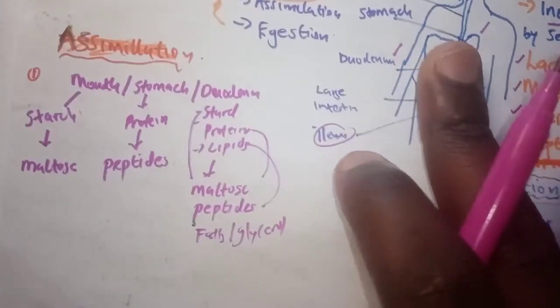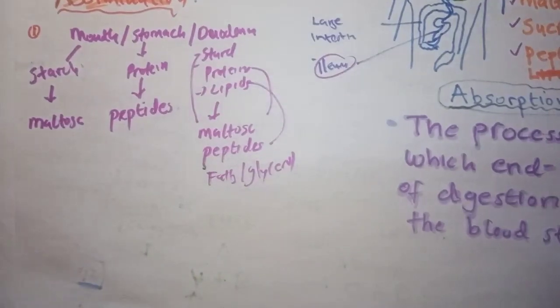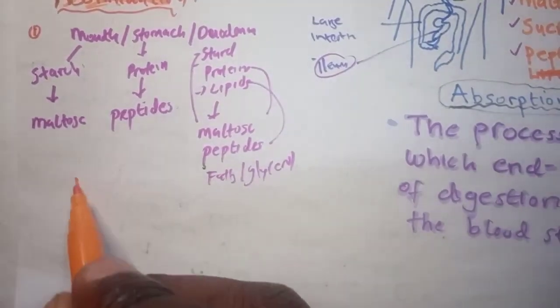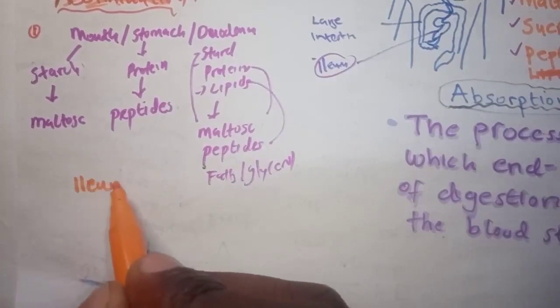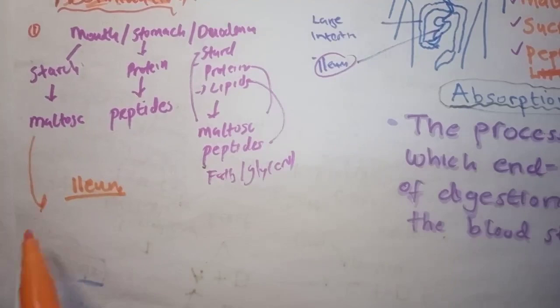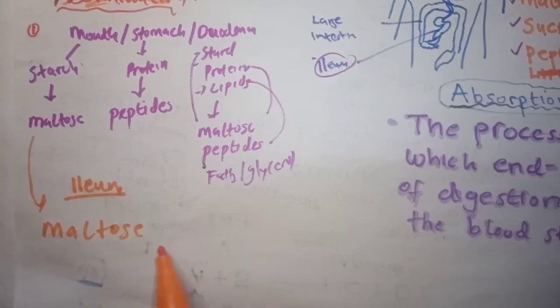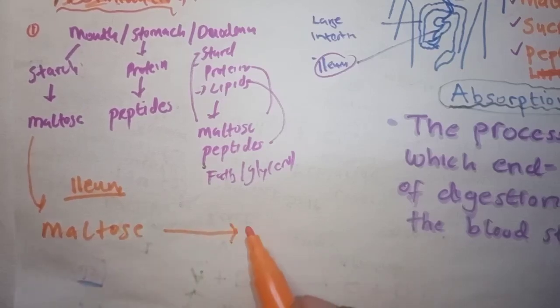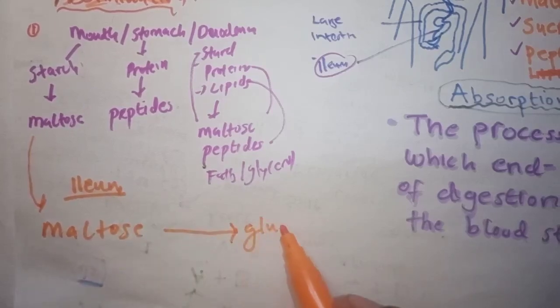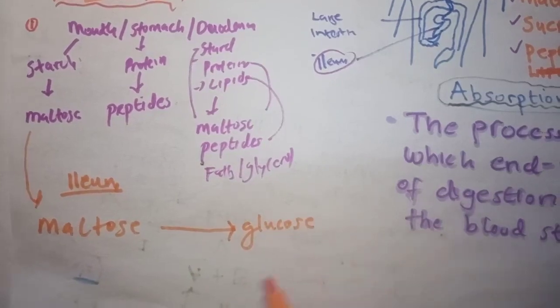So now what is happening here in the jejunum and the ileum? In the ileum, the maltose is broken down to what? To glucose. The maltose is converted to glucose.